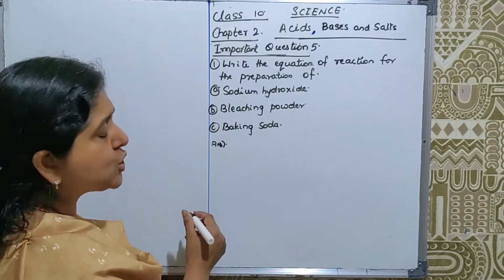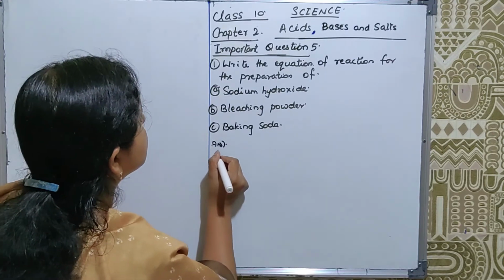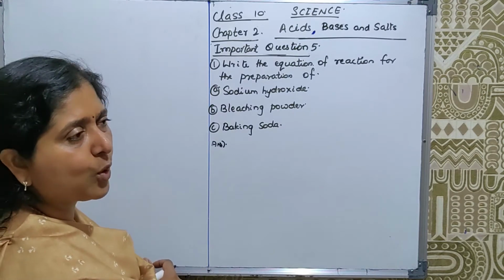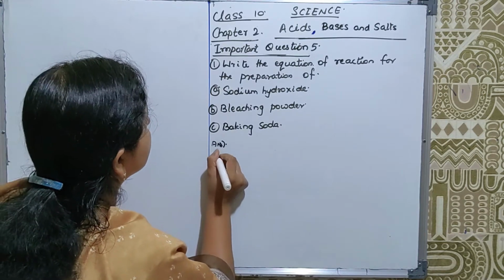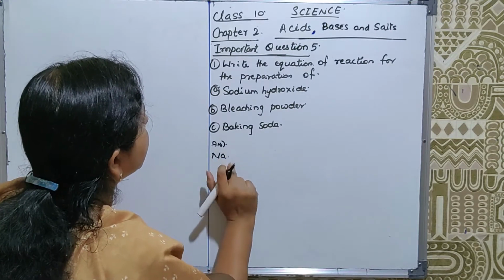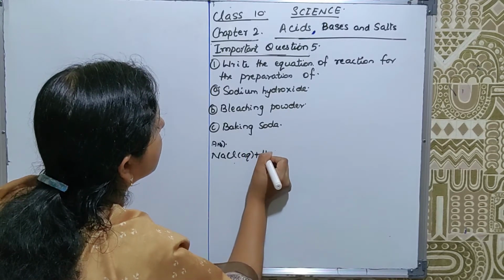When electricity is passed through brine, which is actually sodium chloride and water, we'll get sodium hydroxide, chlorine and hydrogen gas. So here brine is sodium chloride, aqueous, plus water in the liquid form.